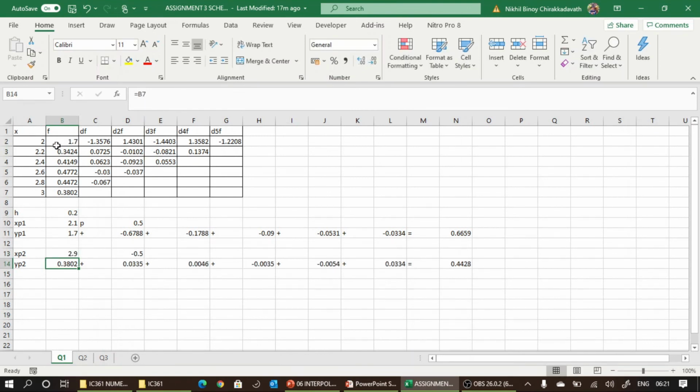Now I told you the first data is actually capital R by 10. So instead of 1.7, if I take something around 2, what will happen? 2 means 2 by 10, that is 0.2. So now the data is changed. So for a different student, this table will be different.